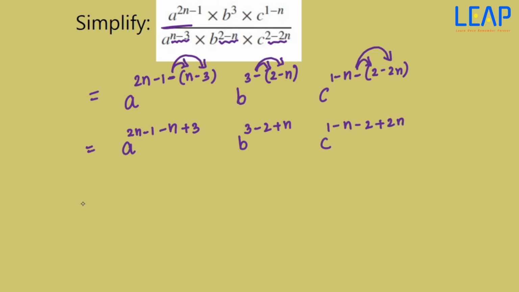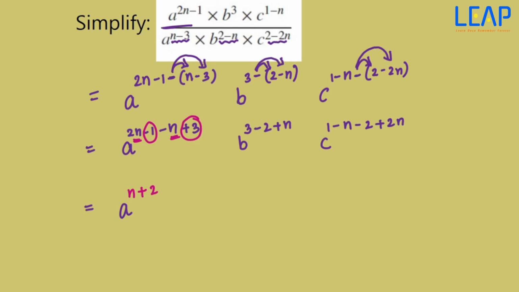Now you just have to combine the like terms. Okay, base is going to be a. Combine the like terms. So when we combine the like terms, you can see that this term and this term, they are like. So 2n minus n is going to give you n, right? And then minus 1 plus 3 is going to give you plus 2.